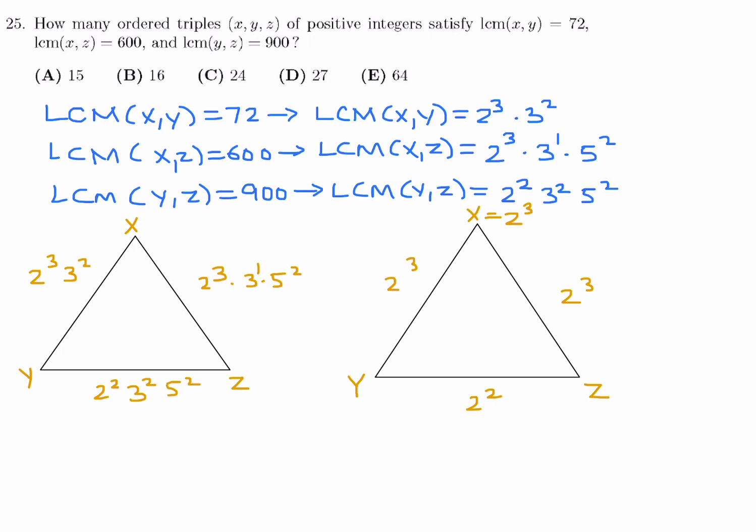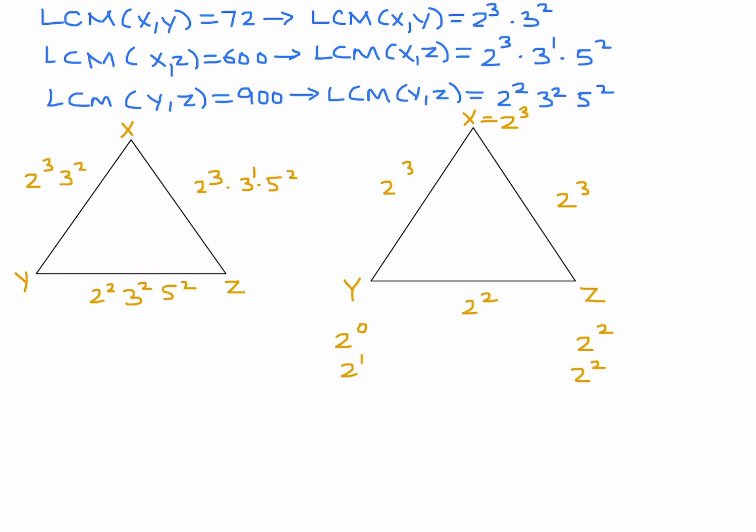So now I've got to figure out what is y and z. Well, they have a LCM of 2 to the power of 2, so we've got a few choices here. It could be 2 to the power of 0 for y and 2 to the power of 2 for z. Or it could be 2 to the power of 1 and 2 to the power of 2.